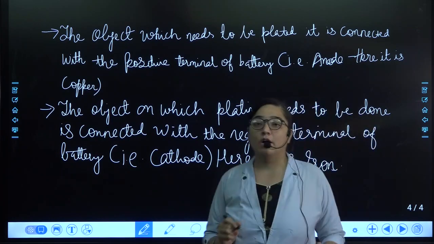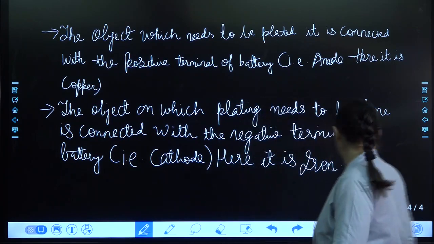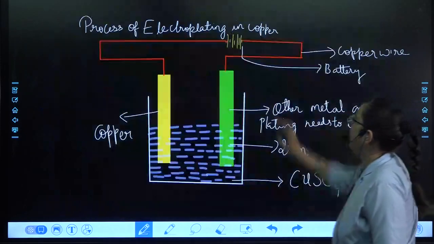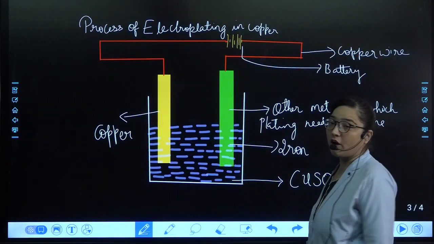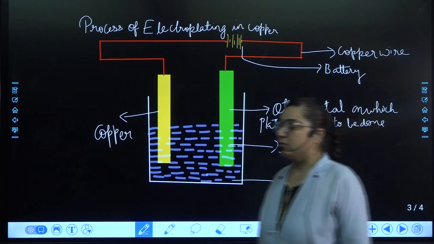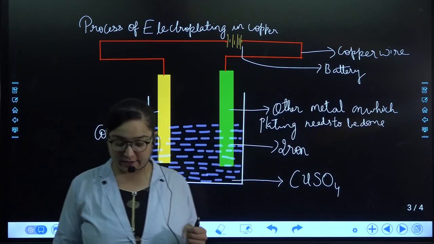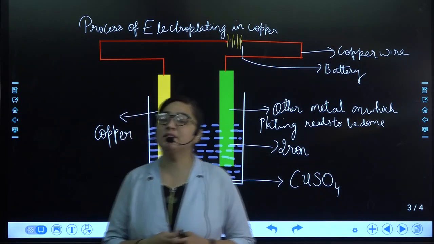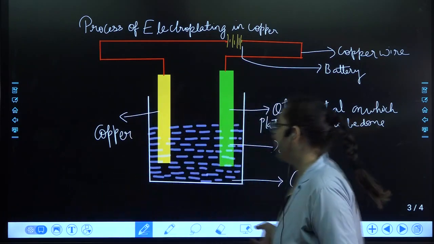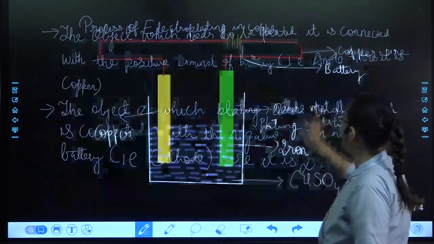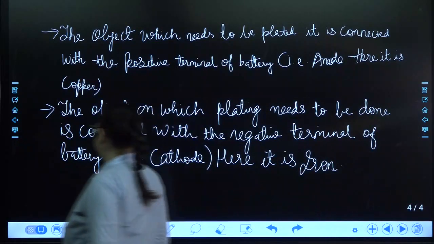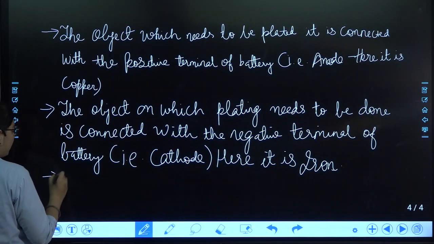Then what is it placed in? It is placed in the solution of copper sulfate. A little bit of acid, as I said, is also added so that the process happens quickly. So, these electrodes are dipped in the solution of acidified copper sulfate.